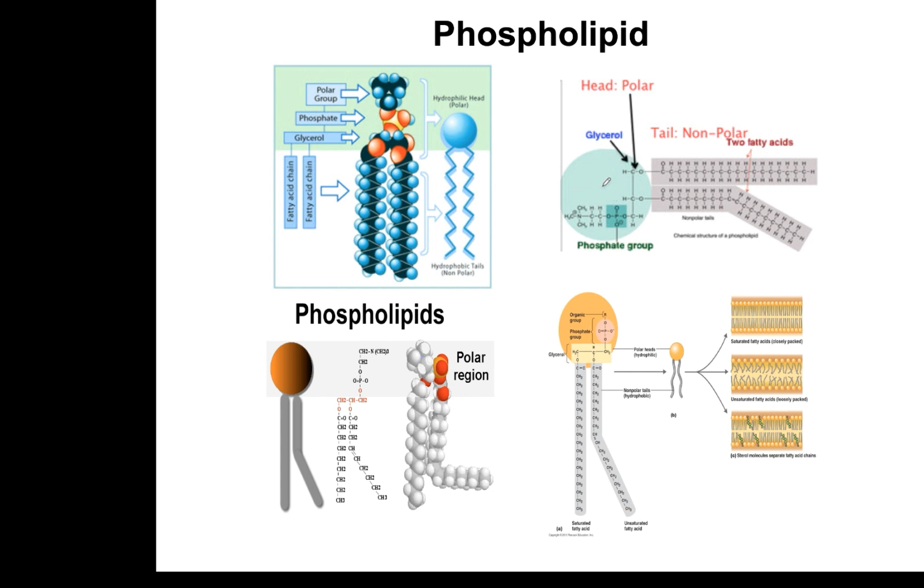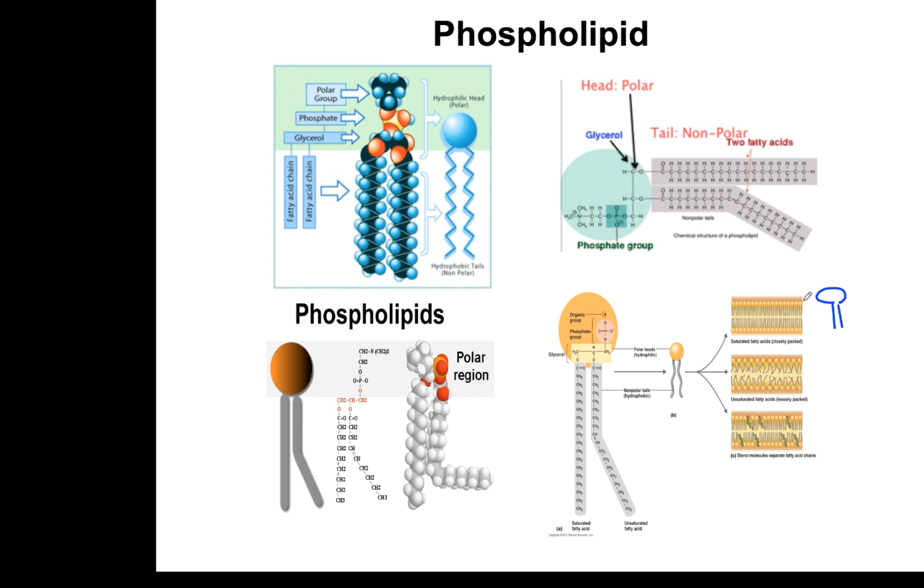Head region, polar region, therefore hydrophilic. The tail region, non-polar region, therefore hydrophobic. And this single phospholipid molecule is going to array to form a membrane. The polar hydrophilic region likes water, and the hydrophobic tail region dislikes water.